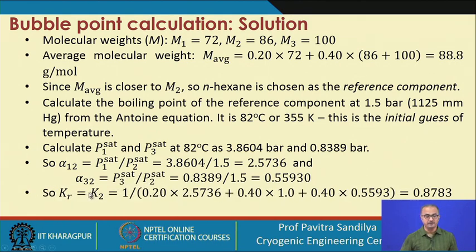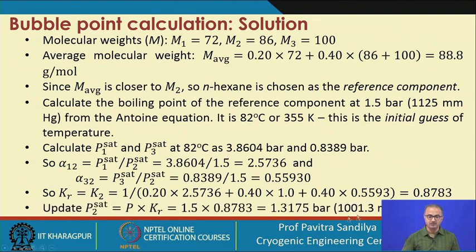Now we find the value of Kr, that is the reference value of K, which is equal to K2, from the formula we have given earlier. Please understand that when we talk of bubble point, we are assuming that the given compositions are for the liquid. So we use the formula 1 by the summation of xi into alpha iR, and we get the value of Kr.